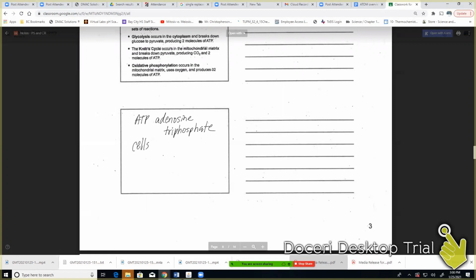So cells that require lots of energy contain more mitochondria, because they need more ATP.